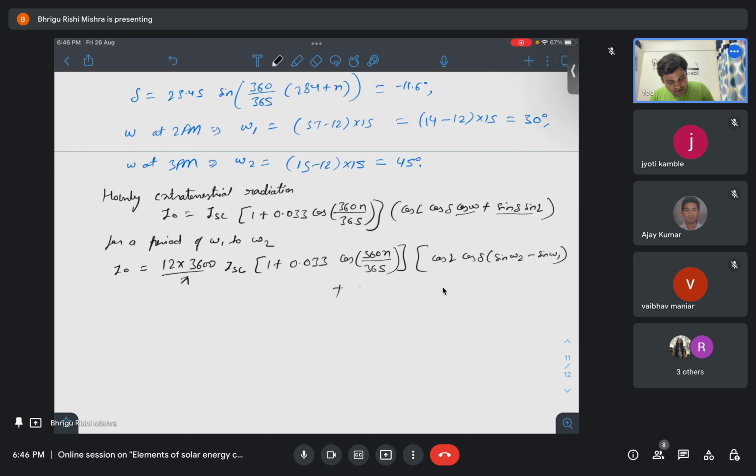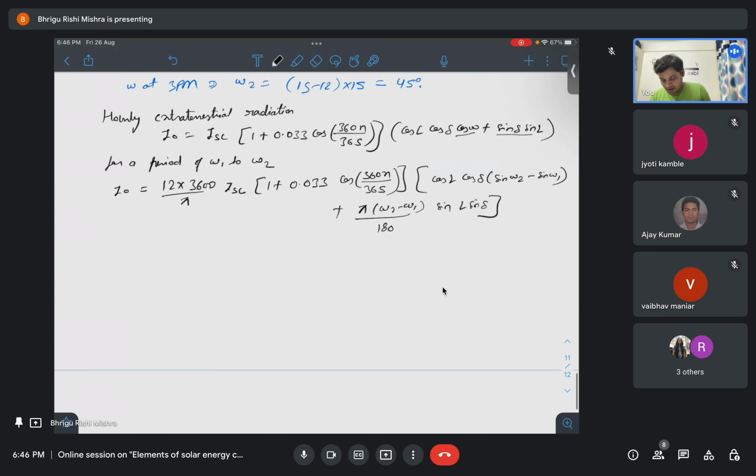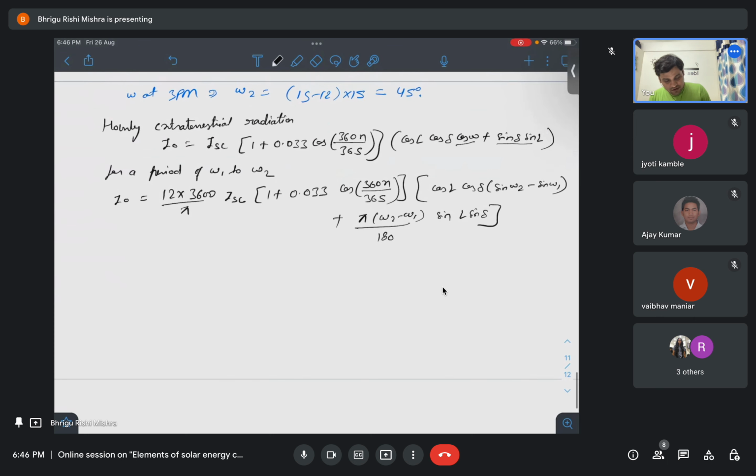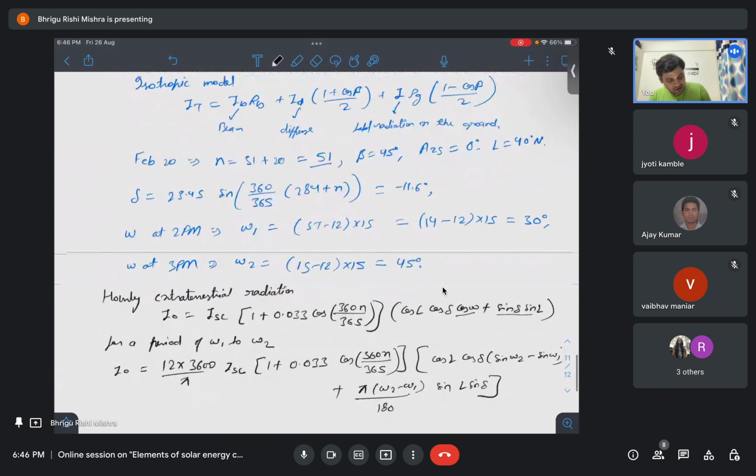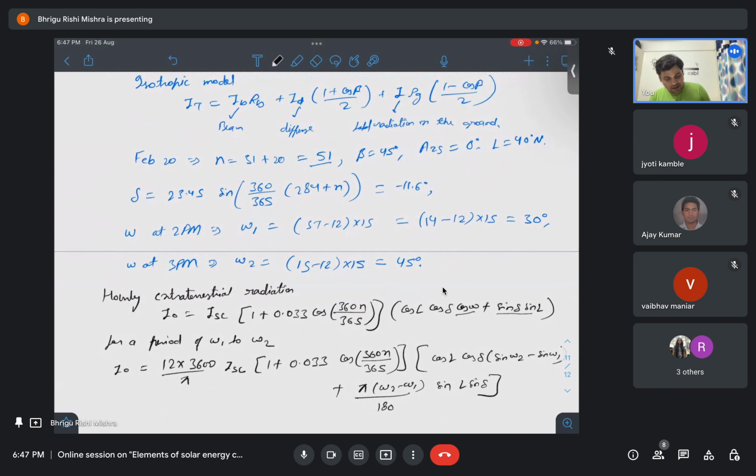So it is pi into omega 2 minus omega 1 by 180 degree sin L sin delta. Okay, now we know all the values. I forgot to put here. So ISC is 1367.